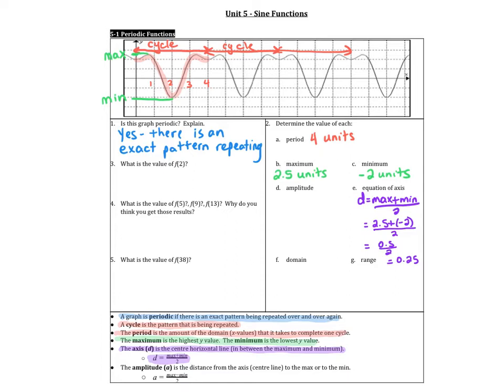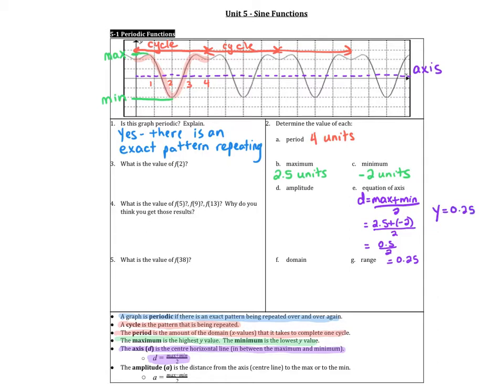So that means your axis is the horizontal line that is right in between the maximum and the minimum. So this is the axis. And because it's a horizontal line, its equation is y equals 0.25.